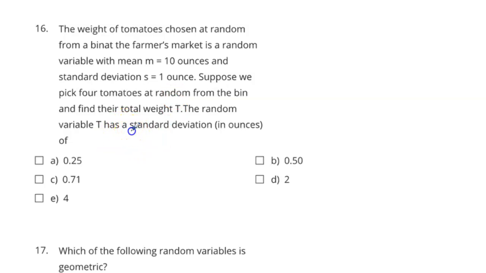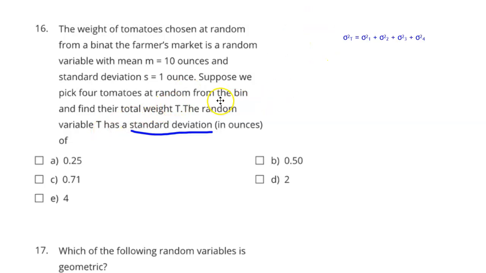All right, moving on to question number 16, which also talks about the weights of tomatoes. We're trying to figure out the standard deviation. And if you recall from before, standard deviation doesn't work the same way as mean. We know that combining standard deviations isn't the way that we can do it, but we can combine the variances of random variables. In this case, we're combining the variance of the random variable for tomato number 1, tomato 2, tomato 3, and tomato 4, and then we get the variance of the total weight.